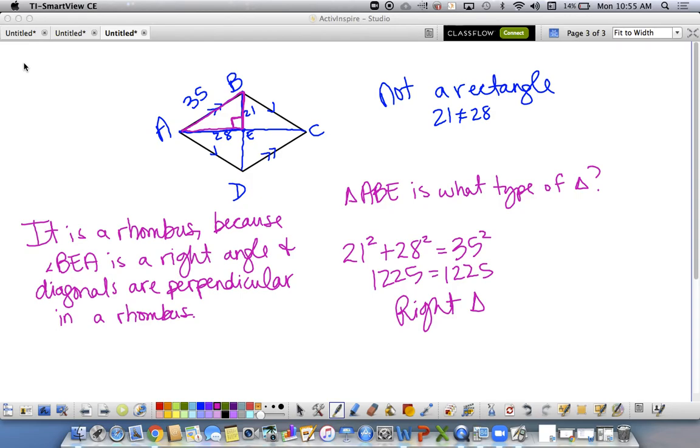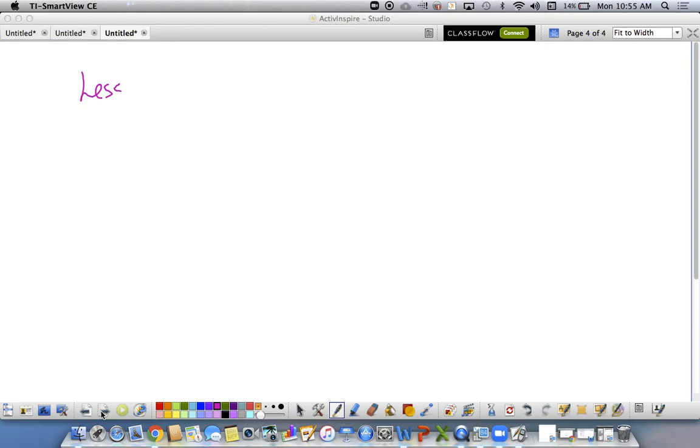All right, some problems for today. Lesson 65. Homework. We're going to do the practice. I think we can do all of the practice, A through F. And we're simply going to do number 1 and number 2.